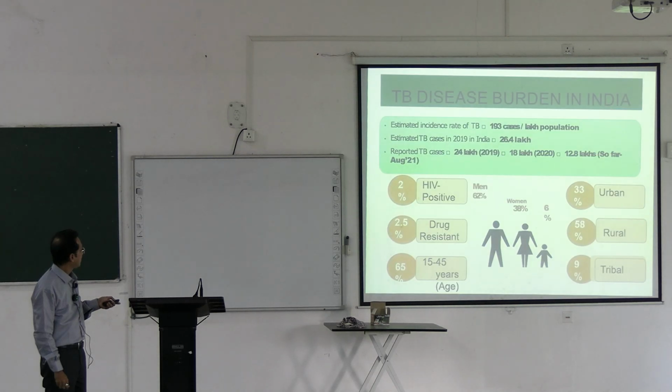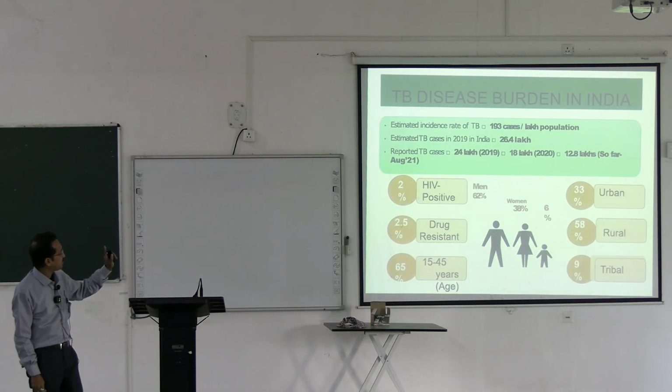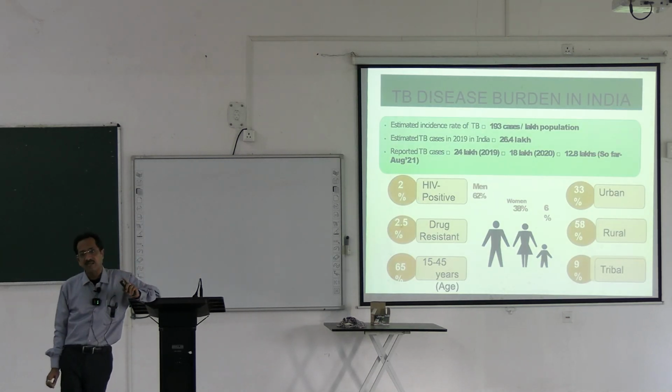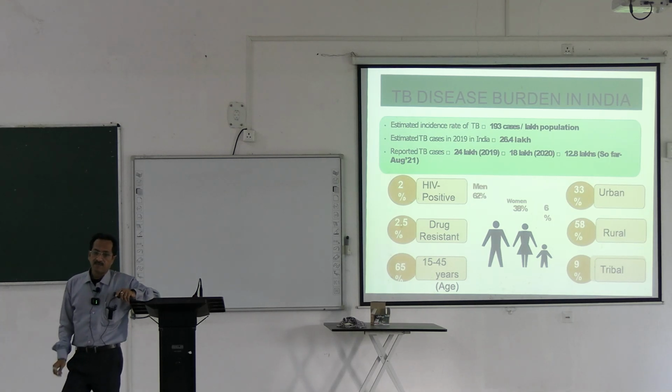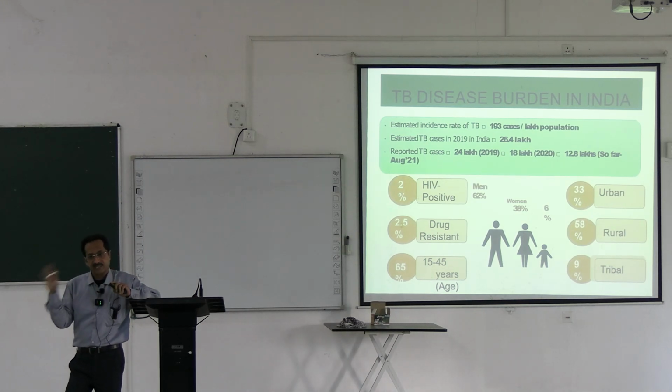Around 2% of them are HIV positive. Why is it important? Because now the NTP, or National Tuberculosis Elimination Program, has made it mandatory: if a patient comes TB positive, he or she should undergo an HIV test. Or if a patient comes HIV positive, TB should be excluded.